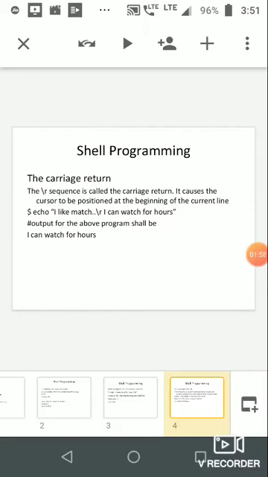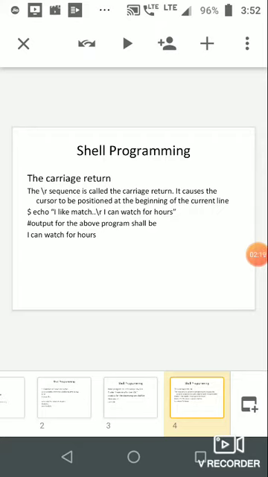That means the cursor will be positioned at the beginning of the current line or present line.